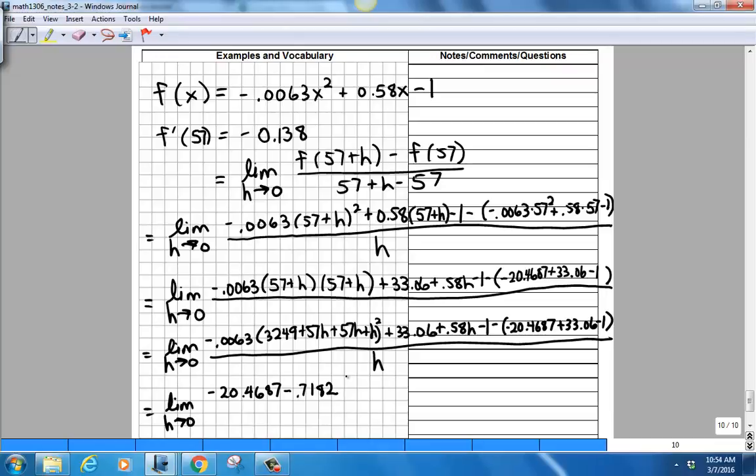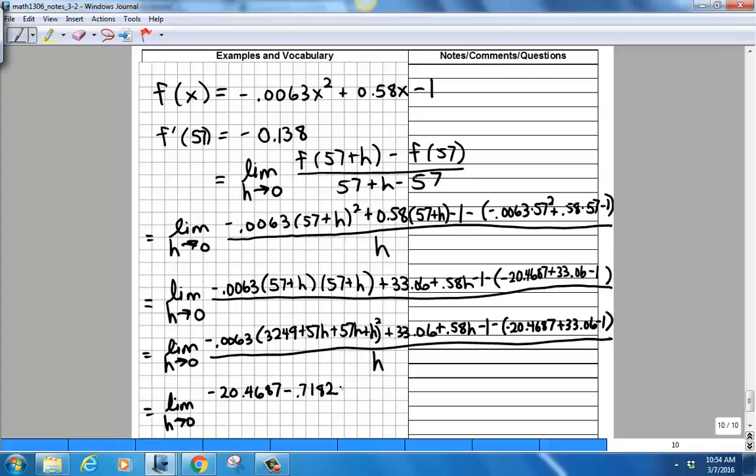So Zena was trying to hurry me along there. She said 57h plus 57h is 114h, right? And then she multiplied by the minus 0.0063, and that turned out to be minus 0.7182 times h, don't forget.